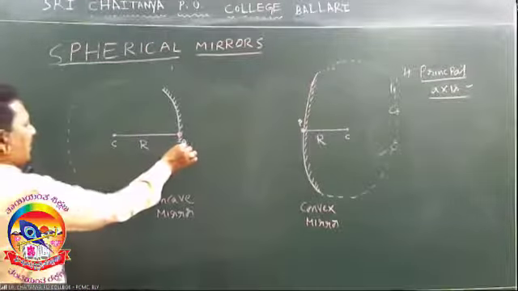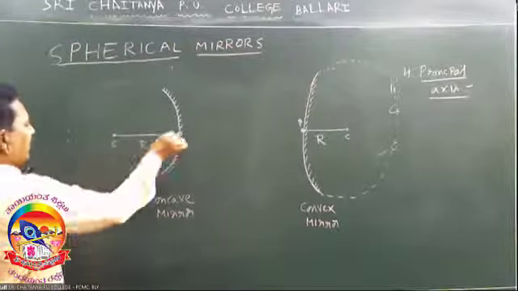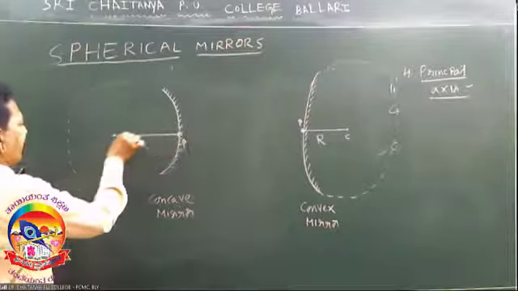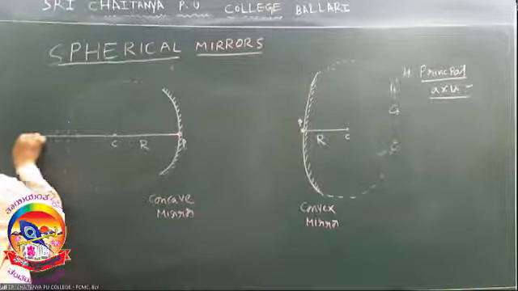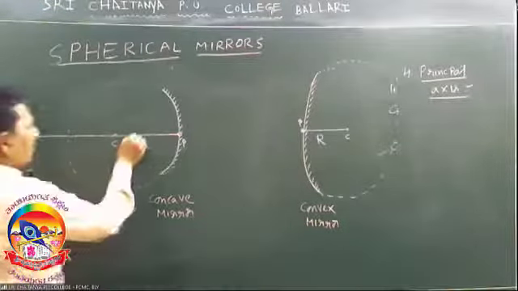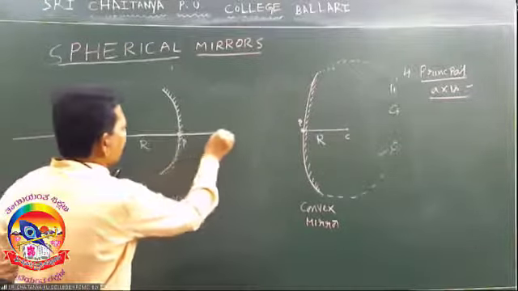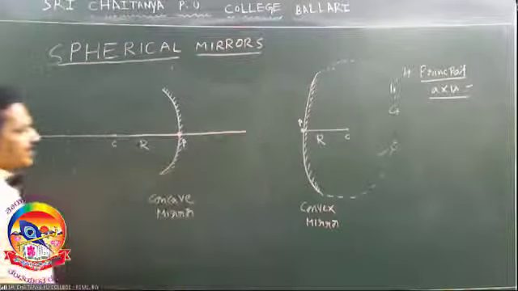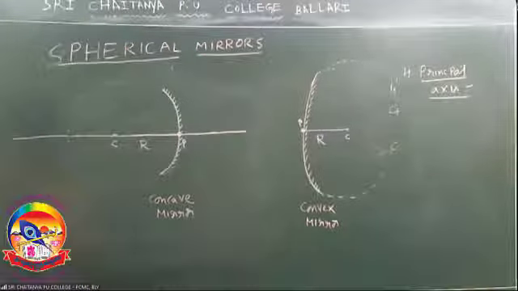This is the pole of the mirror. This is the center of curvature. Any straight line which joins the pole of the mirror to the center of curvature. From where to where? From minus infinity to plus infinity we can take the straight line. That is the principal axis.